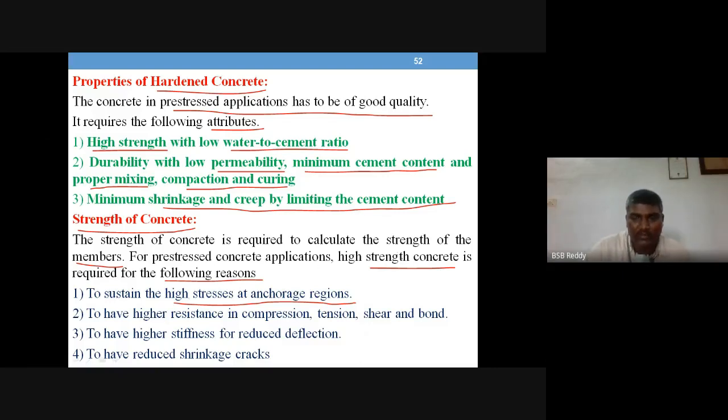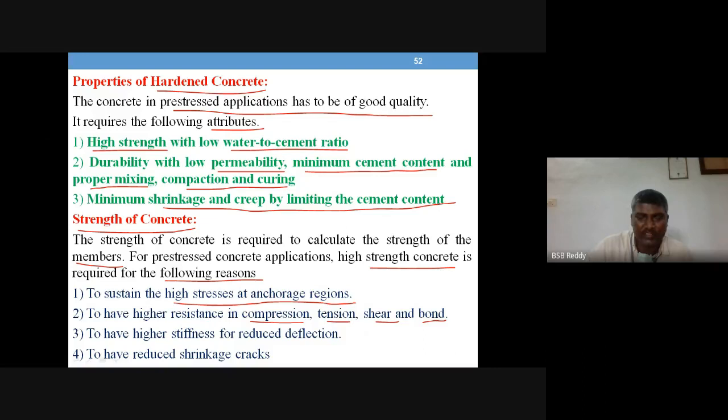So end regions are going to have high stresses. To withstand that high stress, you need high strength concrete. If the stress is high, the strength of concrete should be very high. Next, to have higher resistance in compression, tension, shear, and bond.